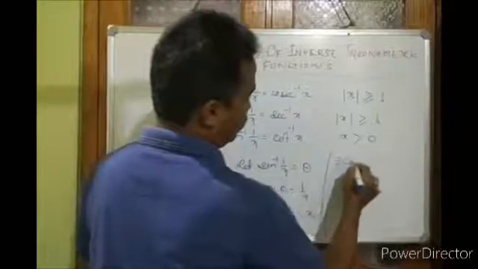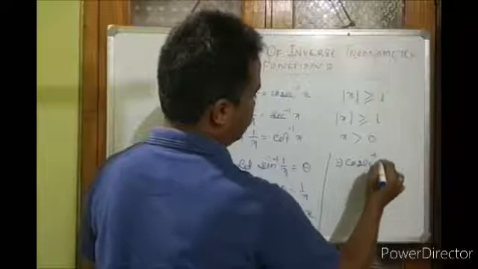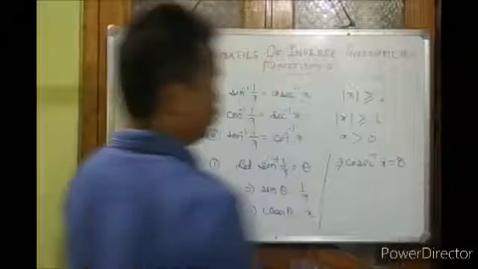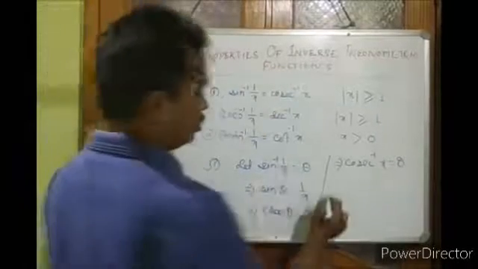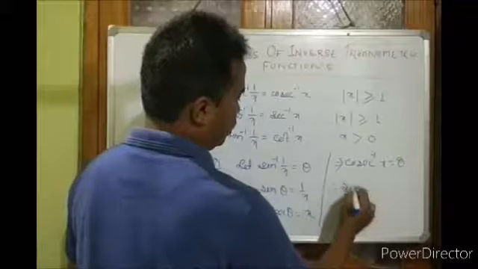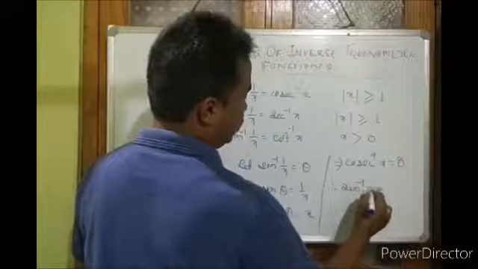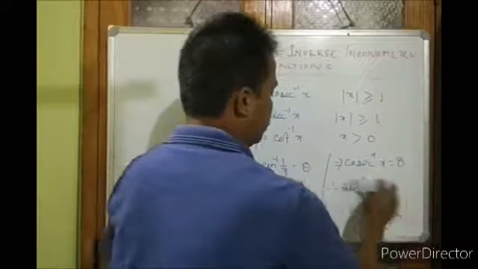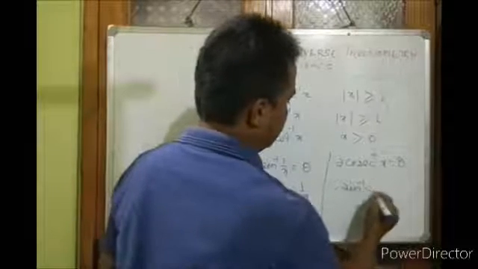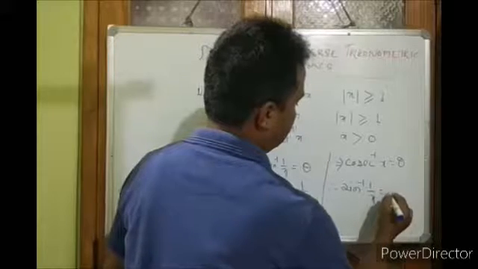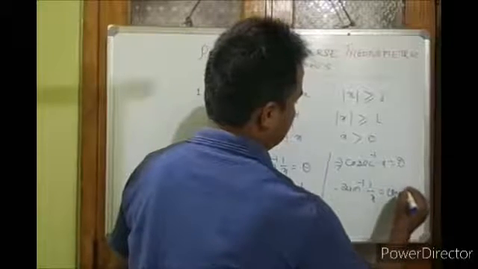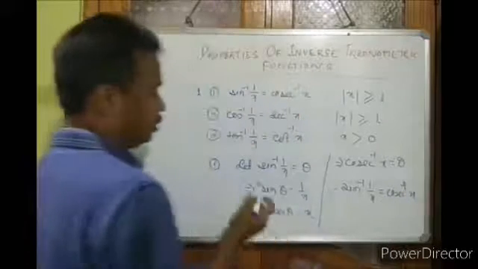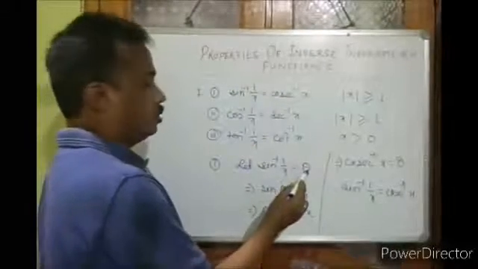So this implies cosec inverse x is equal to theta. But theta is equal to what? Sin inverse 1 by x. So therefore sin inverse 1 by x is equal to cosec inverse x.